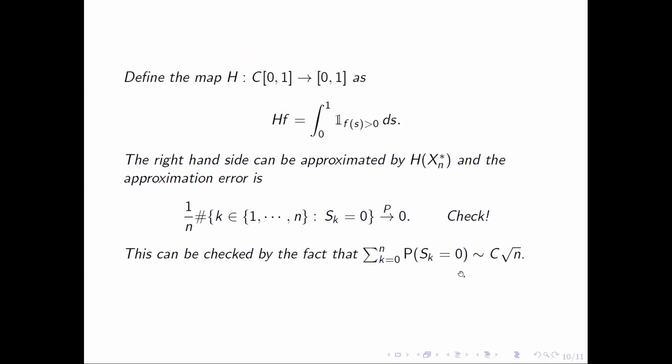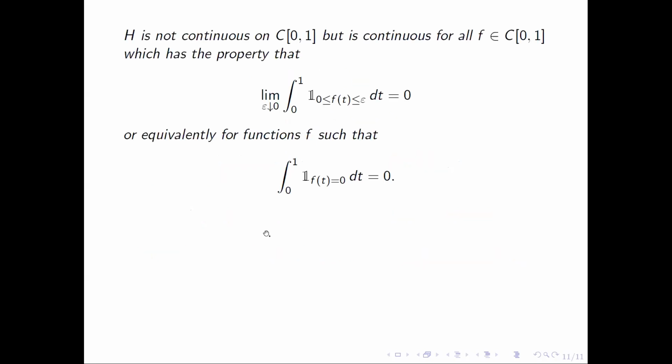This fact can be checked if you just do an estimate from the random walk: the number of points where this is 0 is of the order of root n. So if you divide this by n, you would go to 0. You can use a Markov inequality and show that this quantity goes to 0 in probability, and hence you are almost approximating the correct thing.